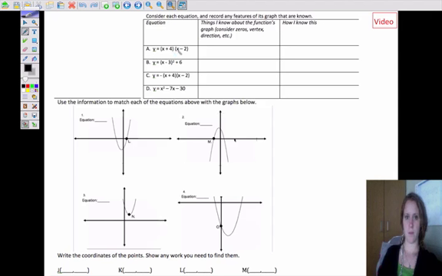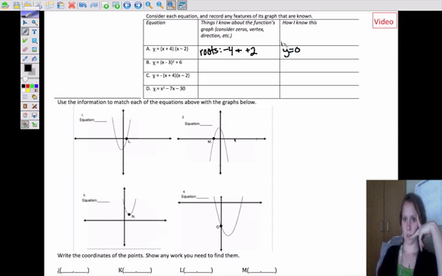So here in A, I have my equation written in factored form because it's something times something. And the things I know from this: my roots, also called my zeros, also called my x-intercepts, are going to be -4 and +2. How do I know this? Because I know roots are when y is 0.